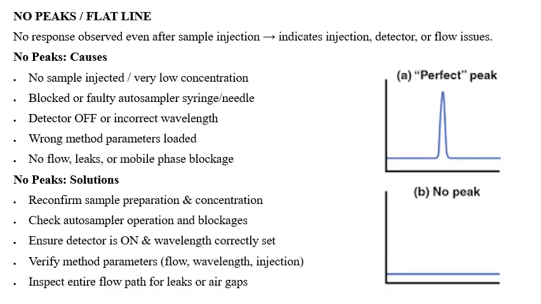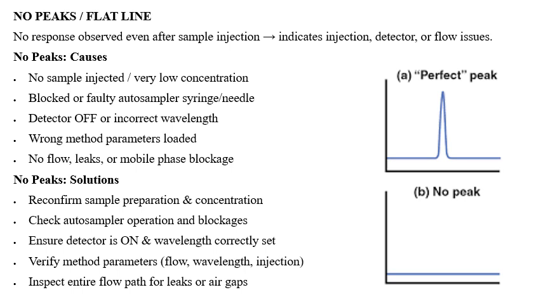If you are not getting any peak, that means there is no peak. So flat line or no peak, and as we know, we need the peak to have the separation and detection. No peak or flat line is the problem. No response observed even after sample injection indicates injection, detector or flow issues. That means you are injecting the sample but it is not getting detected.